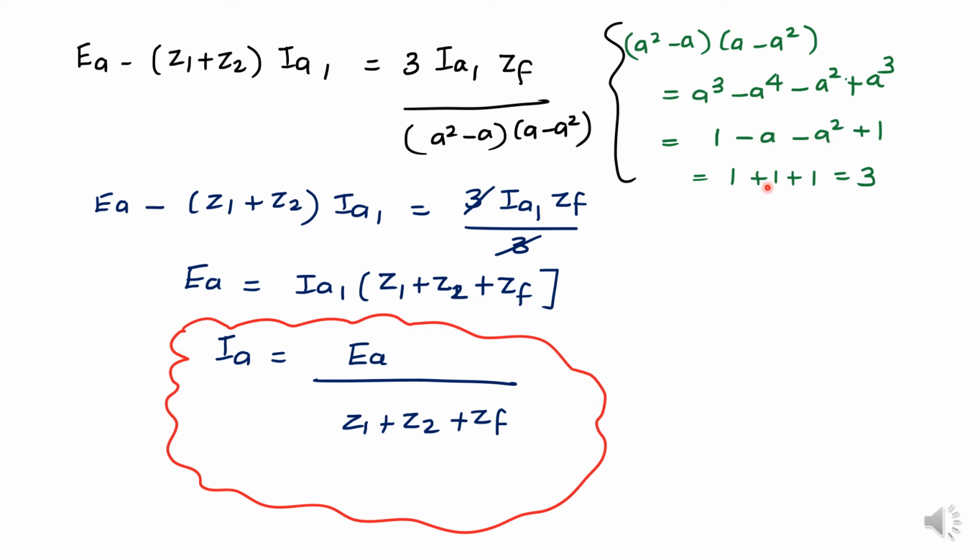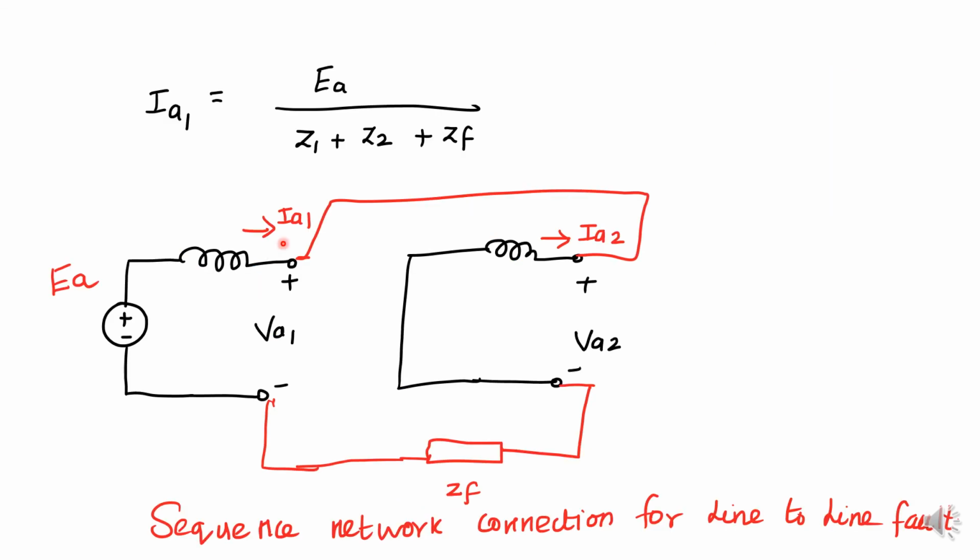So 1 plus 1 plus 1 equals 3. So in the denominator I put the value 3, and the 3 gets cancelled. Finally, I get EA equals IA1 into Z1 plus Z2 plus ZF. From this, IA1 equals EA divided by Z1 plus Z2 plus ZF. Once again, IA1 equals EA divided by Z1 plus Z2 plus ZF.